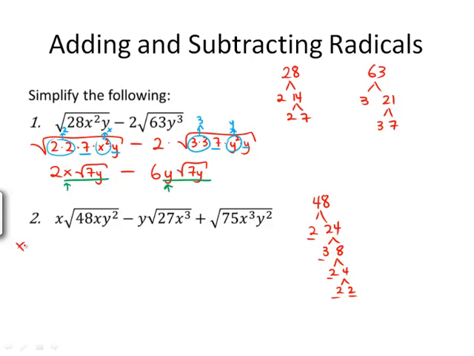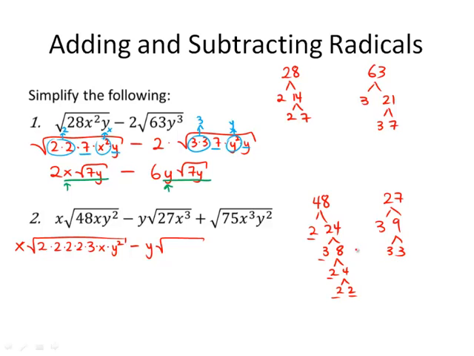So we've got x root 2 times 2 times 2 times 2 times 3 times x times y squared, minus 27 can be written as 3 times 9, 3 times 3, 3 times 3 times 3, x squared times x gives us x cubed, and 75 can be written as 3 times 25, 5 times 5.